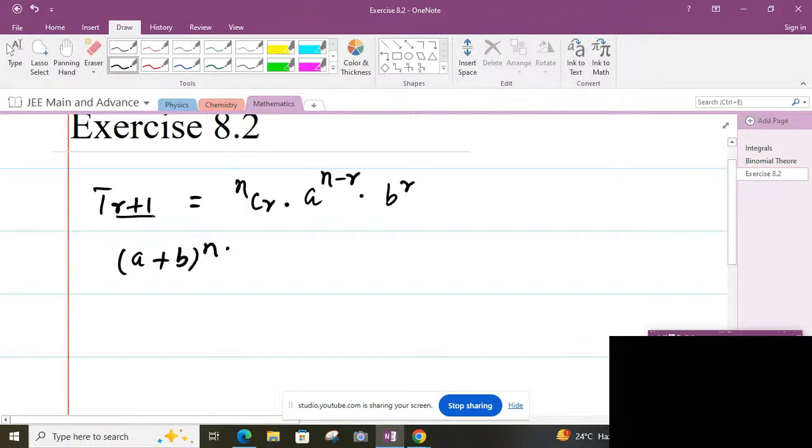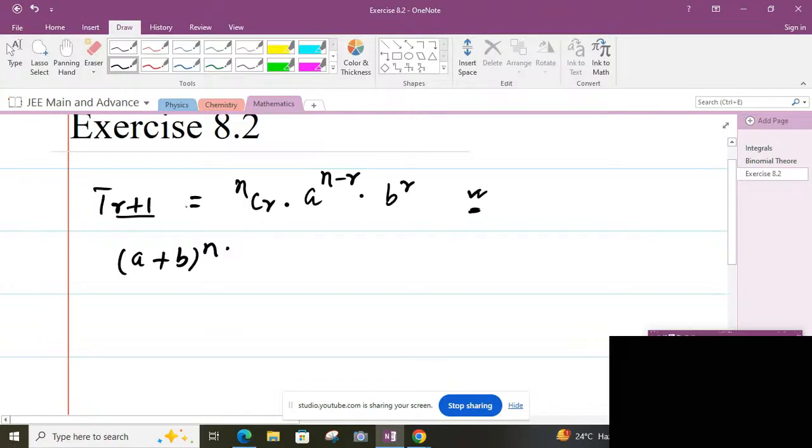This is the r plus 1 term, which is also known as the general term in the expansion of (a plus b) to the power n, which is nCr into a to the power n minus r into b to the power r. We need the help of this formula to solve the questions of exercise 8.2. Also, we need the help of the formula for the middle term.